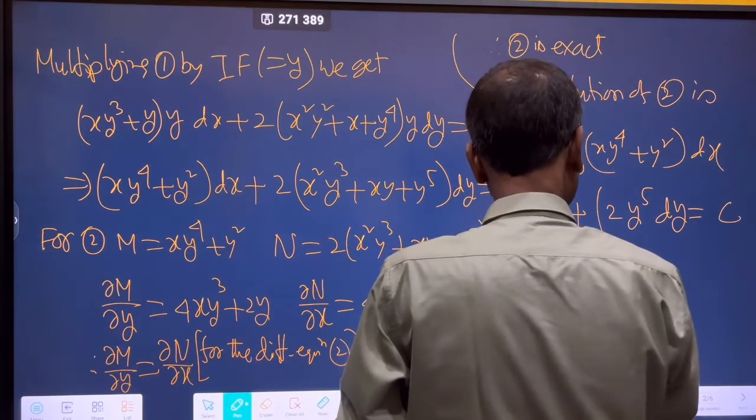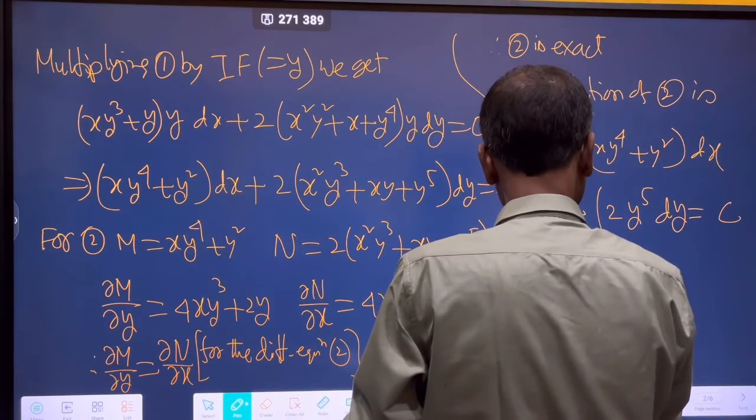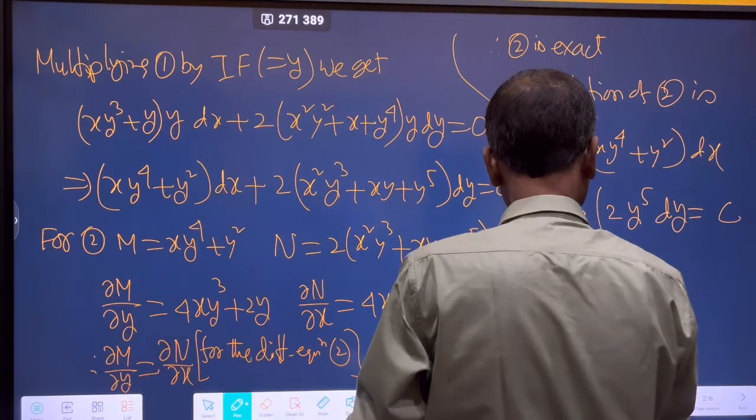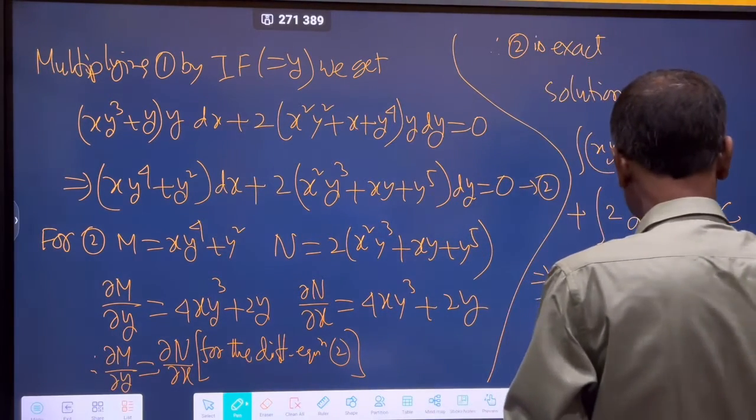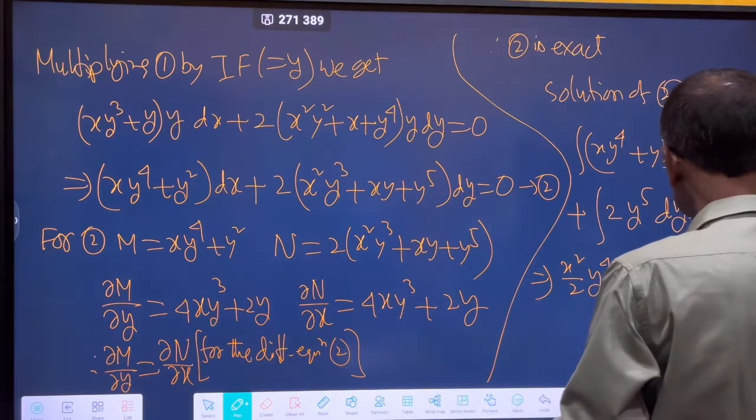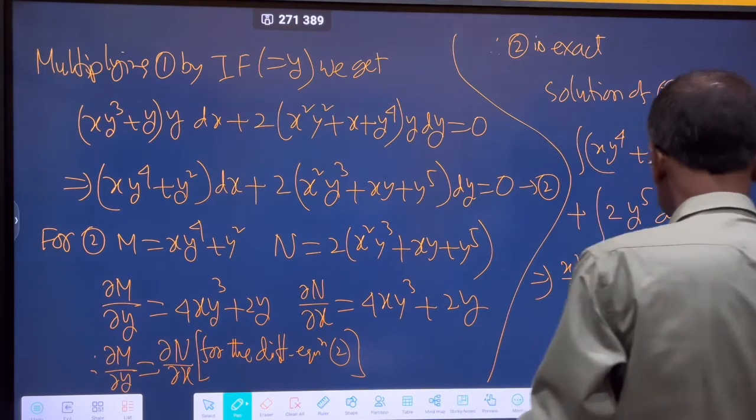This means x square by 2 y to the power 4 plus y square x plus 2 times y to the power 6 divided by 6 is equal to constant.